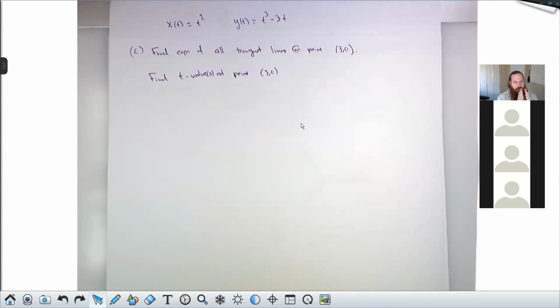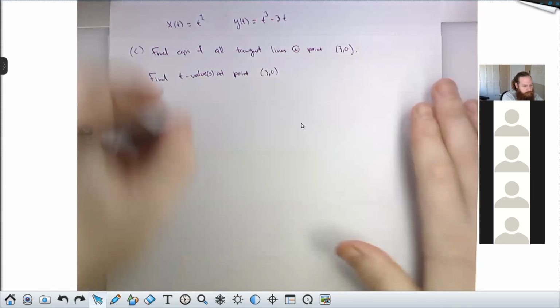Any ideas how we could do that? How do I find out what t value makes my curve be at that point (3, 0)? Plug in the 3 for x of t and the 0 for y of t, and then solve as a function of t. Yeah, good, good.